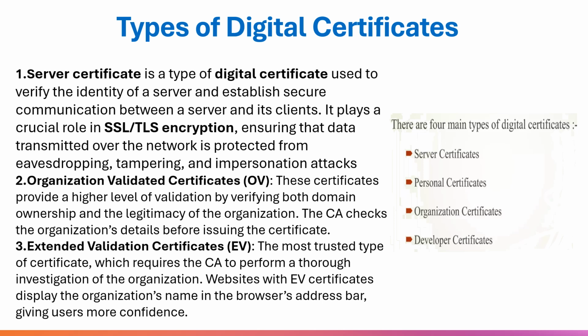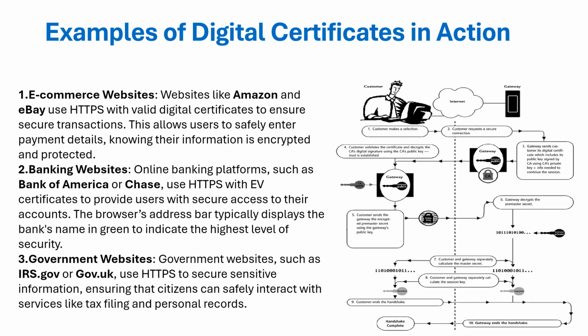This is the most trusted type of certificate, which requires the certificate authority to perform a thorough investigation of the organization. Websites with EV certificates display the organization name in the browser address bar, giving users more confidence. Some examples of these certificates in action are e-commerce websites, banking websites, and government websites.